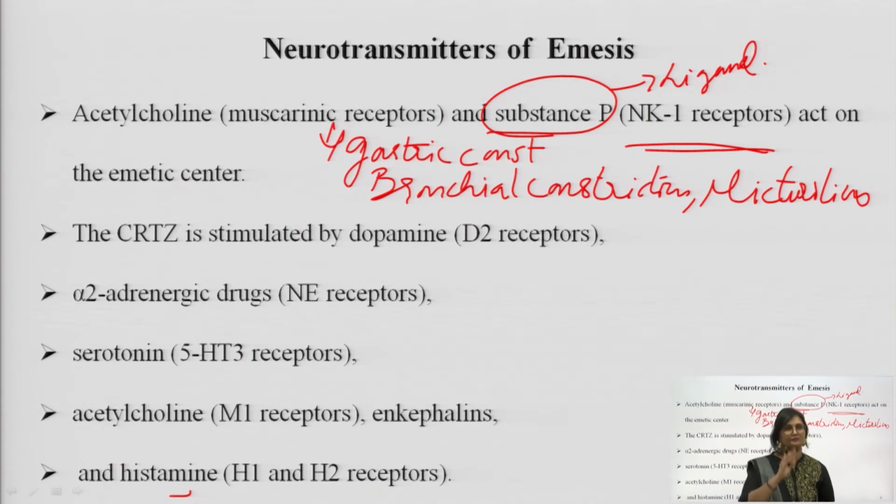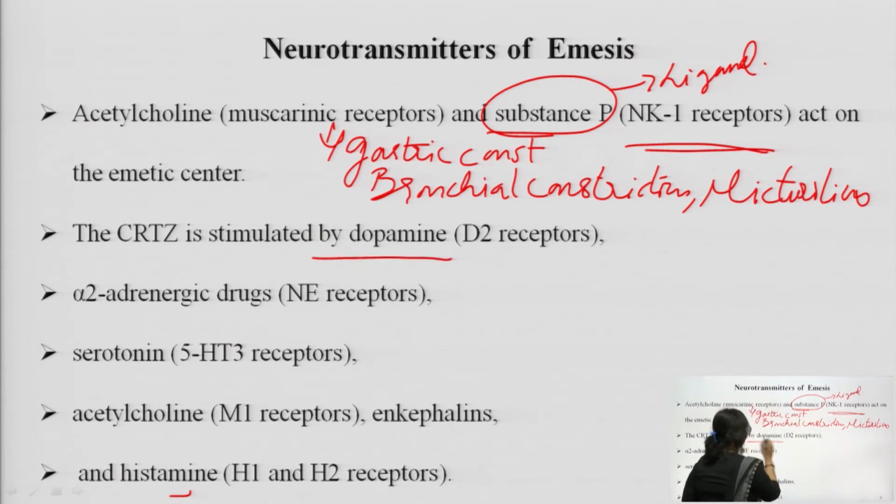The CTZ, or chemoreceptor trigger zone, is also stimulated by dopamine. This dopamine acts on the D2 receptors.